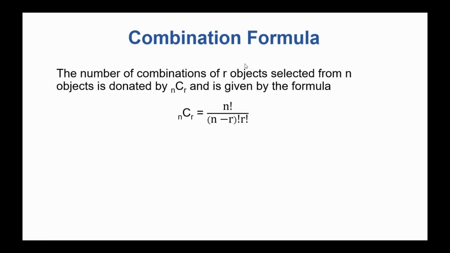So it almost looks similar to the permutation formula, except for the fact that we've got to divide out the repeats. So that's where that other R factorial comes in.